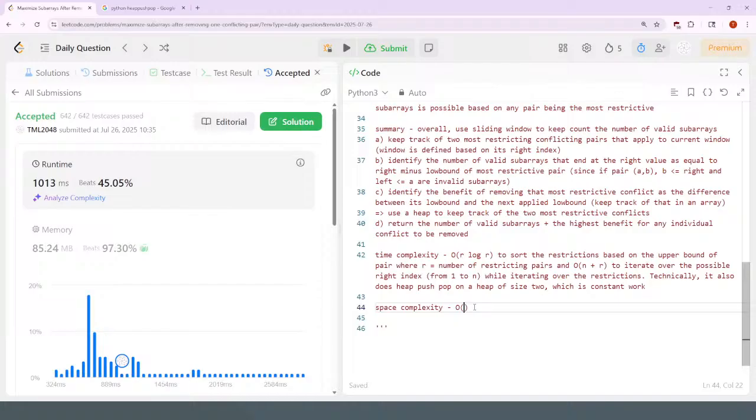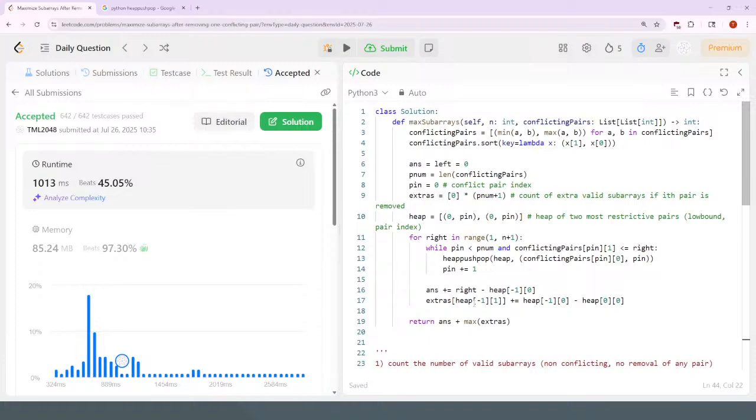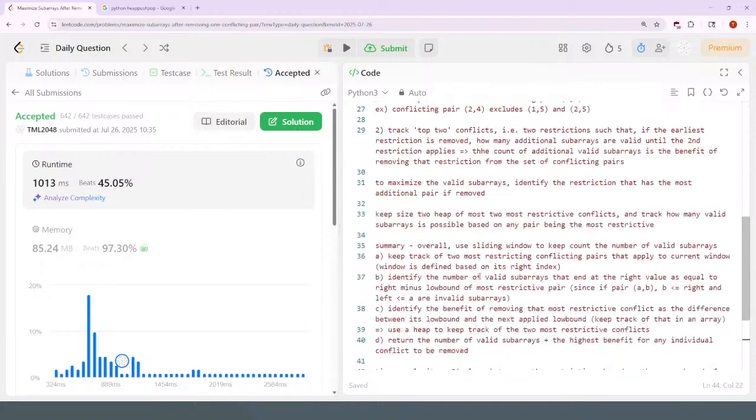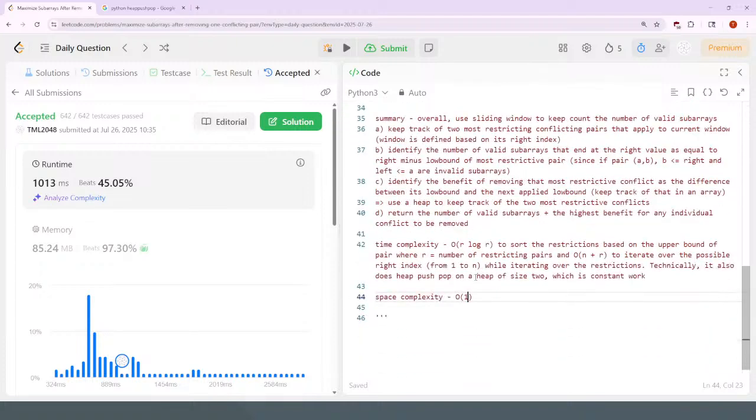Basically, I guess you need O of 1 for maintaining the size 2 heap, and maybe O of n if treating the conflicting pairs array that needs to be reworked to be sorted.